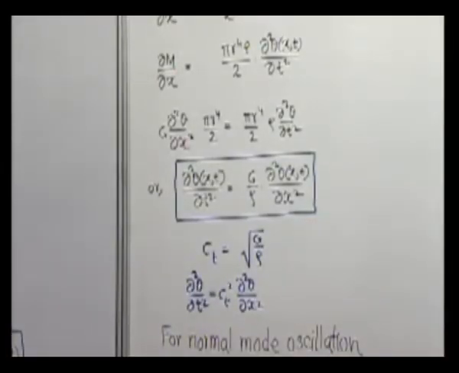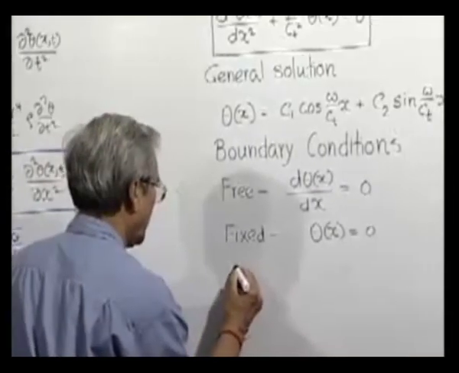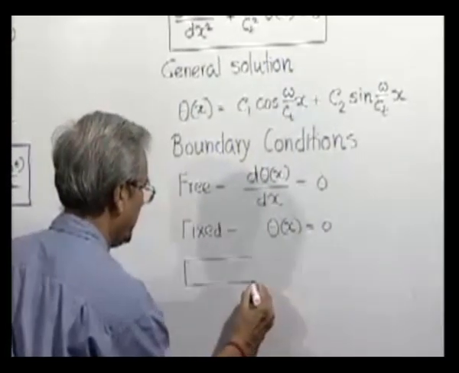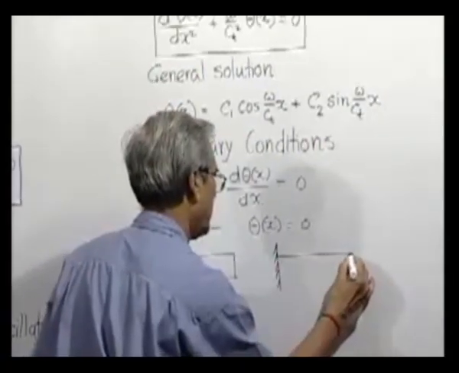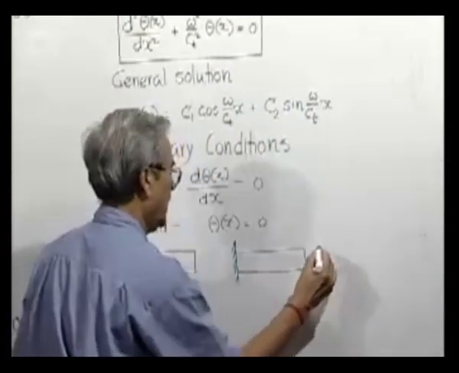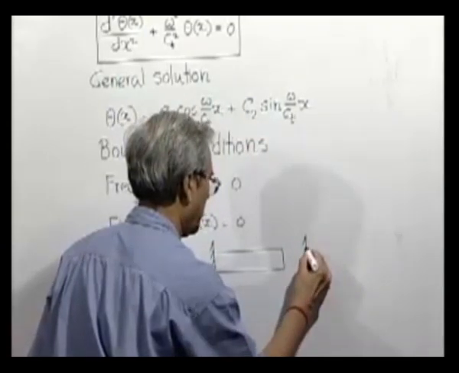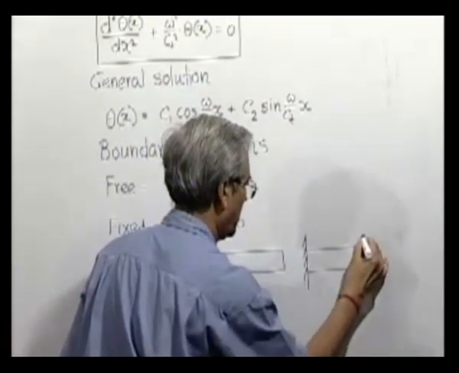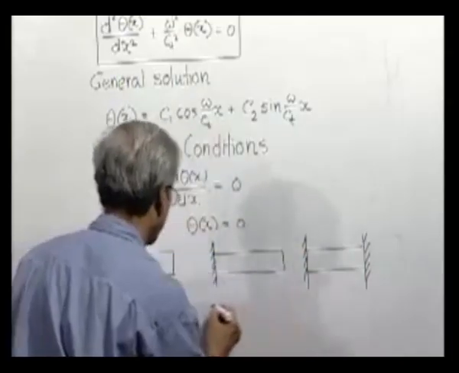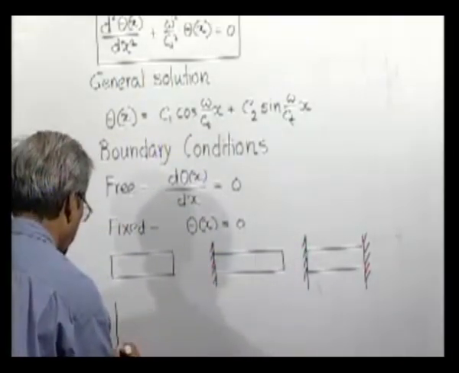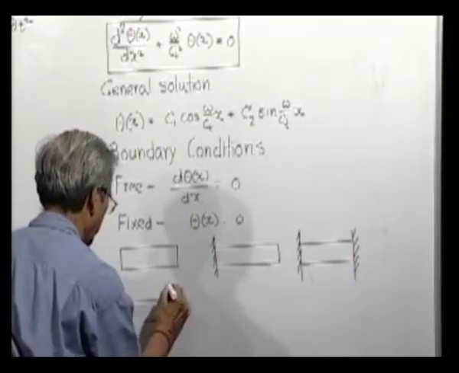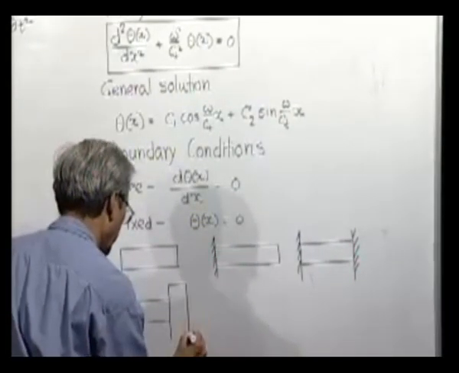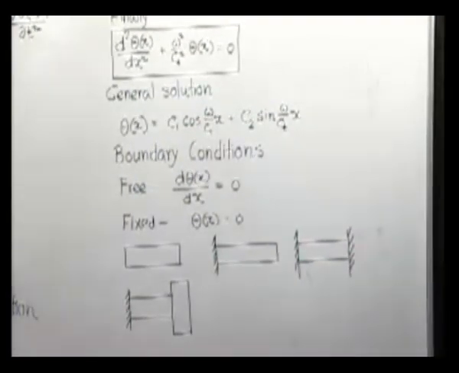Rather, I think we would like to solve an example. One can easily solve various types of conditions: free, fixed, free, and fixed, and a shaft carrying a disc at the end.